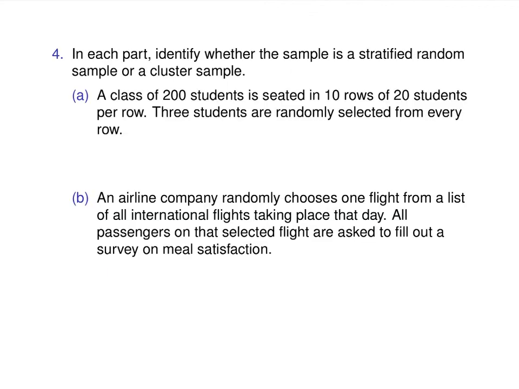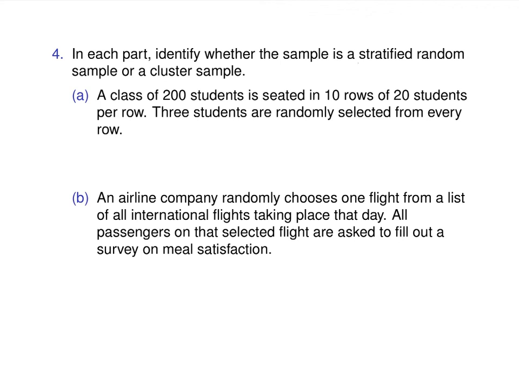It's also pretty useful to know the differences between certain kinds of samples. So in each part, identify whether the sample is a stratified random sample or a cluster sample. A class of 200 students is seated in 10 rows of 20 students per row, and 3 students are taken from each row.